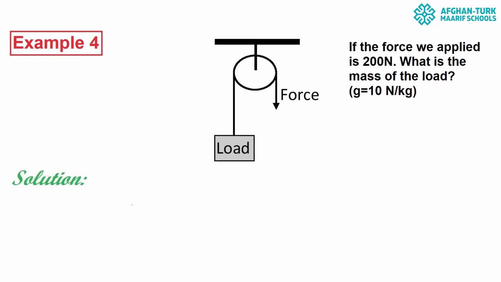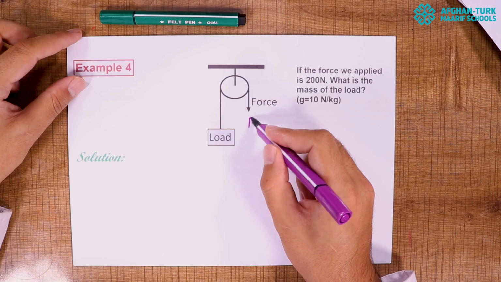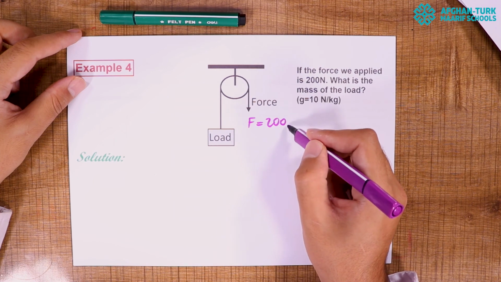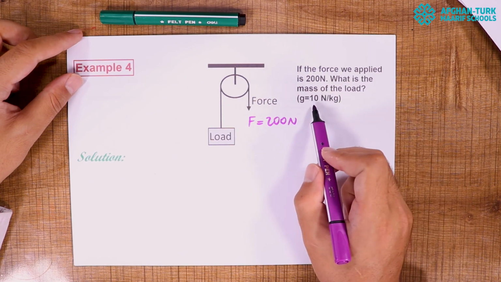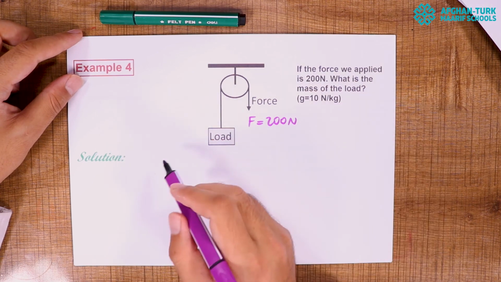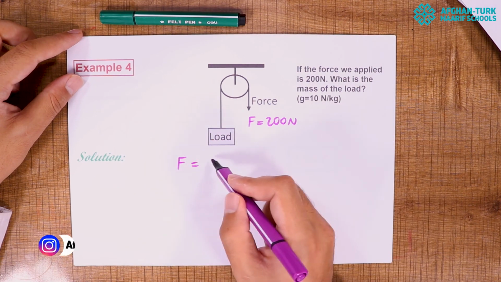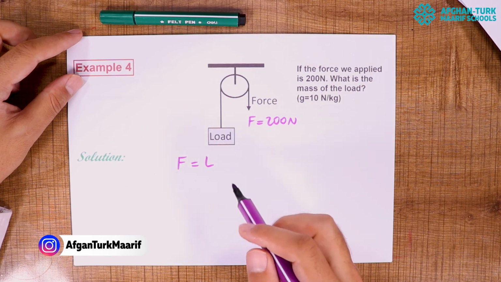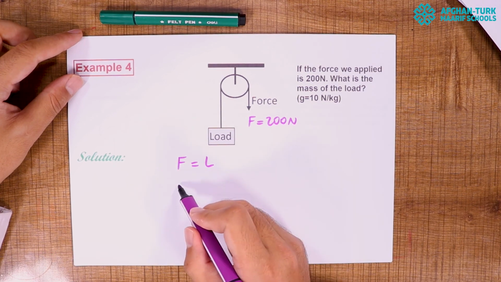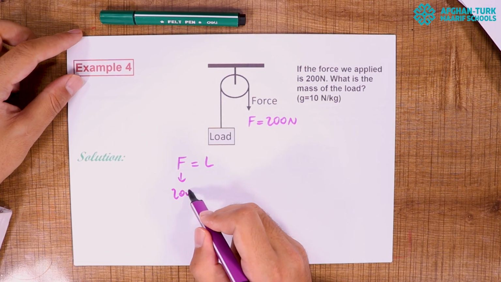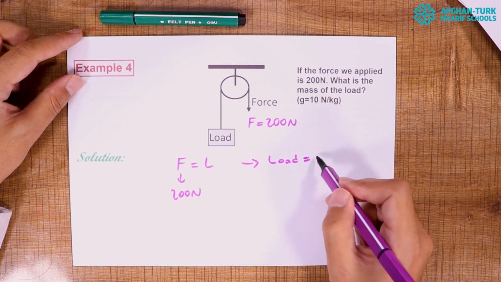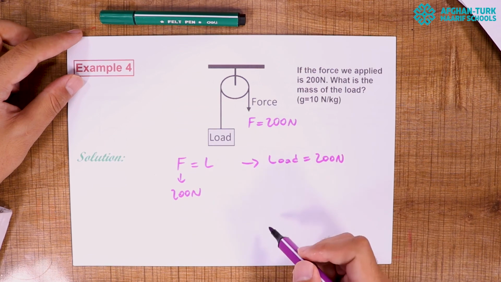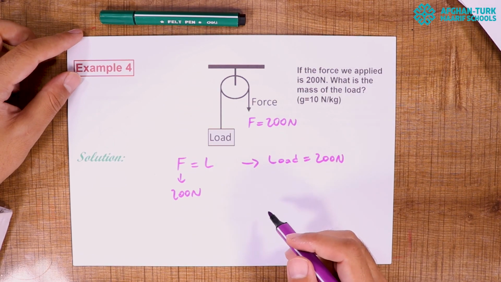Let's continue with the example. If the force we applied is 200 Newton, what is the mass of the load? Again, g is 10 Newton per kilogram. So the formula was F is equal to load. And that means that if force is equal to 200 Newton, load is also equal to 200 Newton. So how can I find the mass?